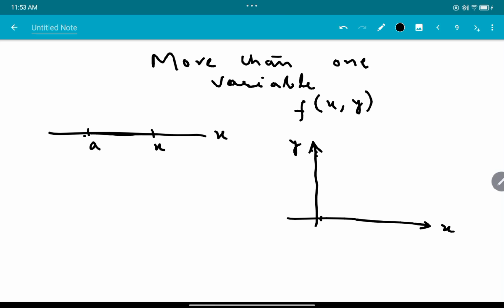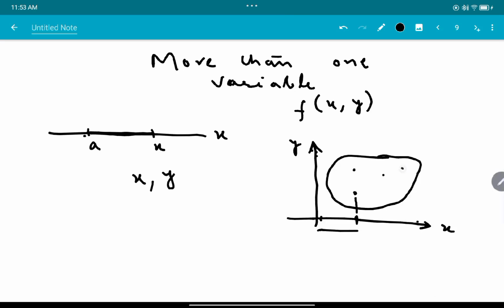Instead of a one dimensional interval, we will now have a two dimensional interval, something like this. That means our x and y can have this pair. For every point we will have two coordinates, x and y. Suppose we have a point here, it will have some x, and this is its y. Similarly, we have a point here, this is x, this is y.